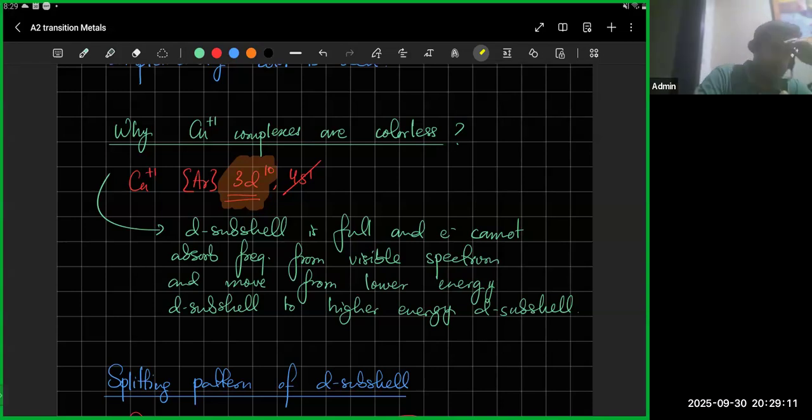So you're going to write that the d-subshell is full and the electrons cannot absorb frequency from the visible spectrum and move from the low energy d-subshell to the high energy d-subshell because there's no room available. So they can't jump to the higher energy d-subshell.